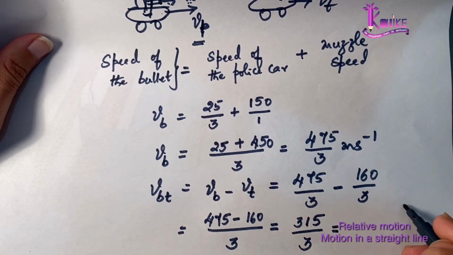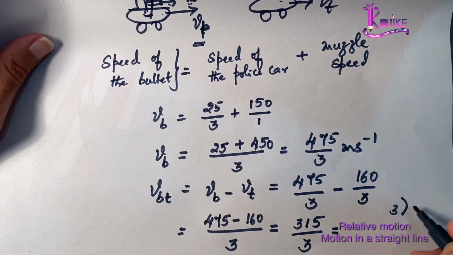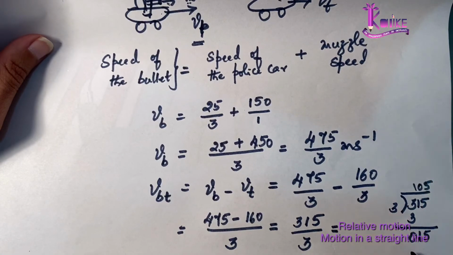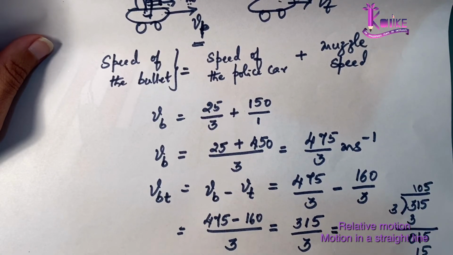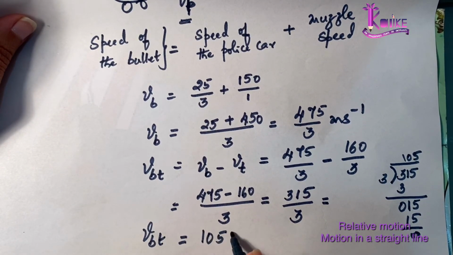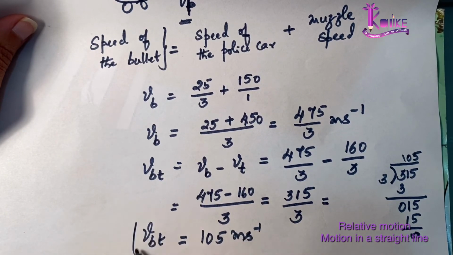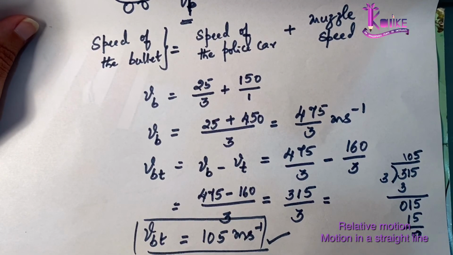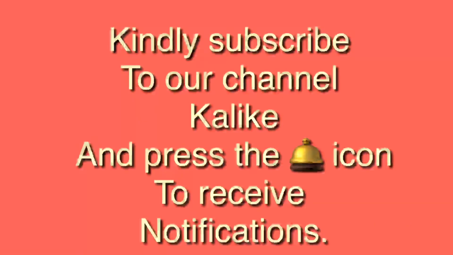So you can divide it, 3 ones are 3. So this becomes 0. You take 1. In order to borrow 5, you put a 0 here. You borrow 5. So it is 3 5s are 15. So the relative velocity of the bullet with respect to the thief's car is 105 meter per second. This is the required answer.